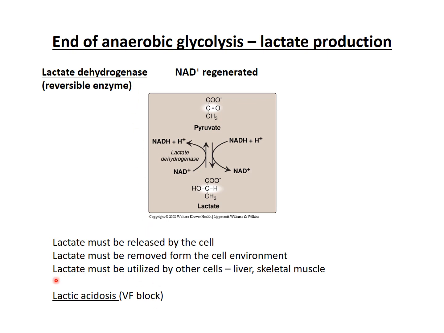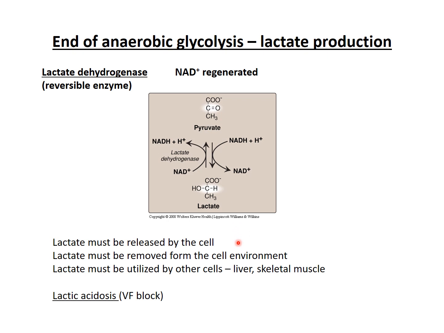You may recall that it can be a problem when aerobic cells start not to get oxygen and produce a lot of lactate. So you learned about lactic acidosis in the vital fluids block and myocardial ischemia or myocardial infarction that resulted from that. So lactate, lactic acid, and the proton that comes with it, if it accumulates in the neighborhood of the cell, it can kill the cell, within the cell or outside of the cell.